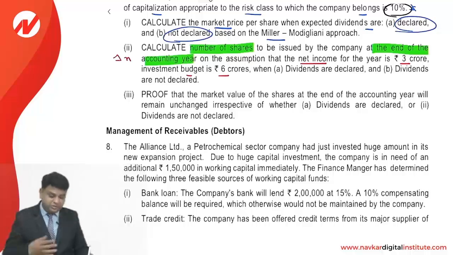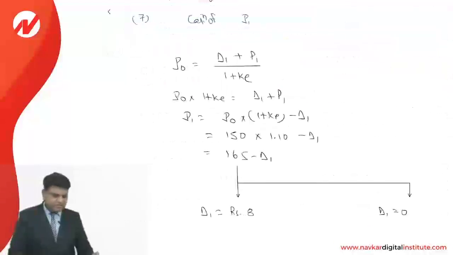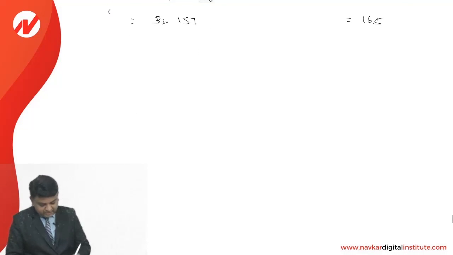Again, in both the situations, when dividends are declared and dividends are not declared. So when dividend is declared, then of course the amount of the dividend will be rupees 8. So taking the D1 value as 8 and D1 value as 0, we are required to find delta N.